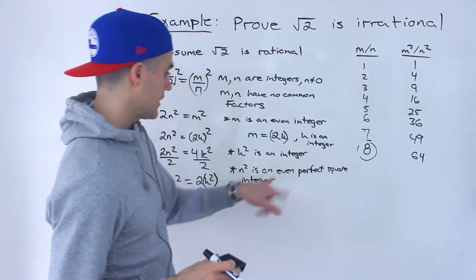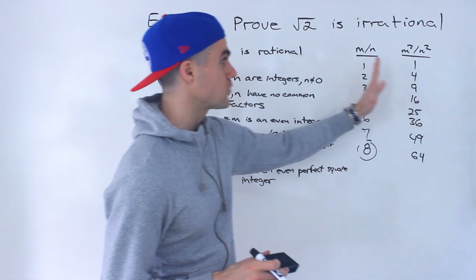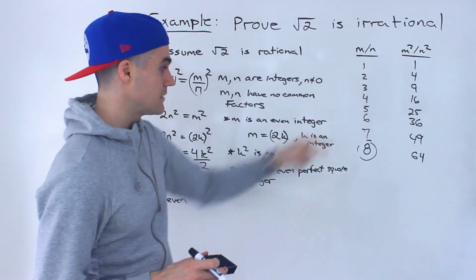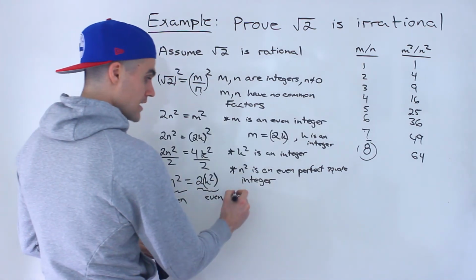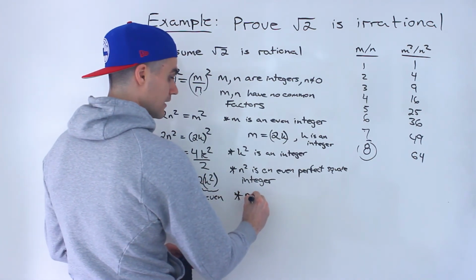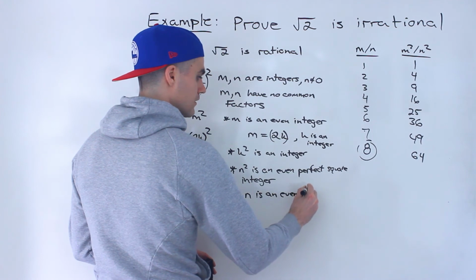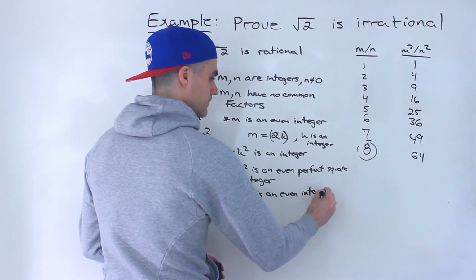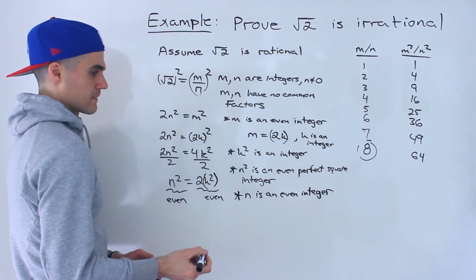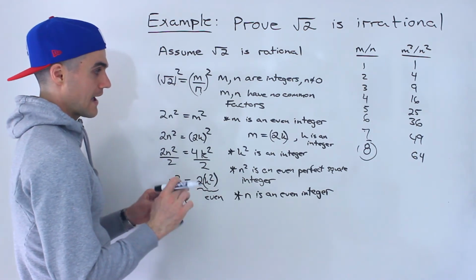And as we showed, if you have an even perfect square integer, then the square root of that is going to be even as well. So from this, as we showed for m squared, that means n is an even integer. And at this point, we're actually done the proof. Why is that?